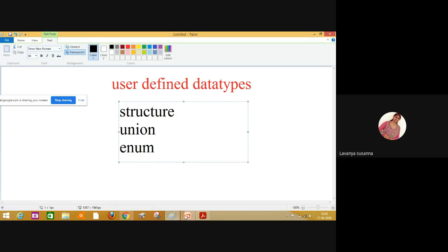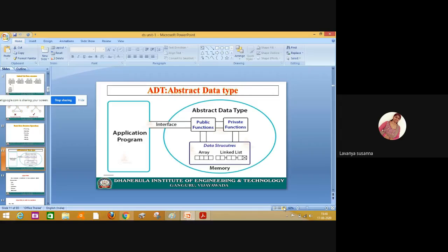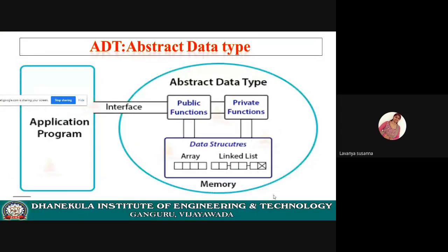In the same way, abstract data type is a user-defined data type. It is not predefined like int, char, float, double. The user must define it.